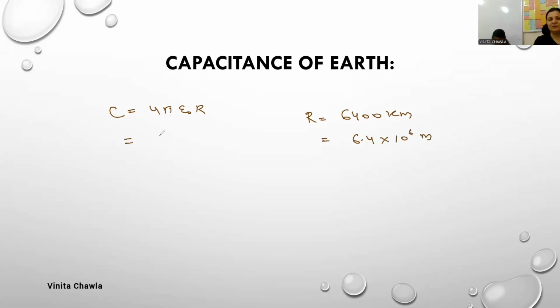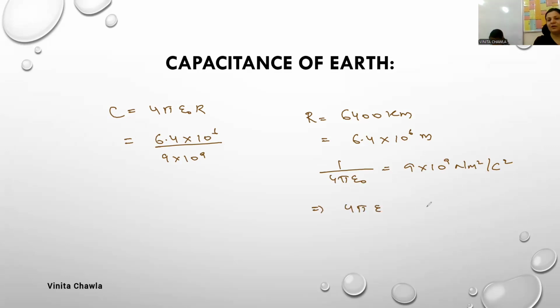Now put the value here. It's 6.4 into 10 raised to the power 6. And 1 upon 4 pi epsilon naught is 9 into 10 raised to the power 9 Newton meter square per coulomb square. So 4 pi epsilon naught will be 1 upon 9 into 10 raised to the power 9 coulomb square per Newton per meter square.